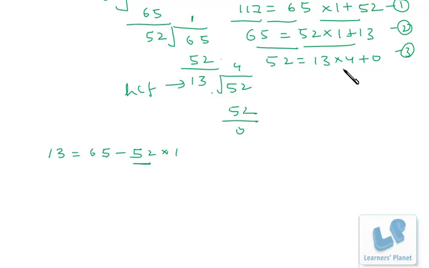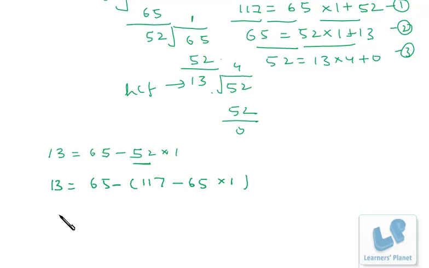So from equation 1 we can say 52 is equal to what? 117 minus 65 into 1. So I put the value of 52 from this relation, right? So it's 13 is equal to 65 minus, instead of 52 I just write 117 minus 65 into 1, right?